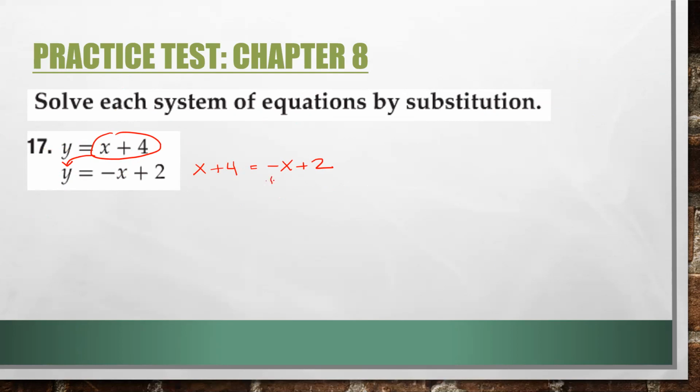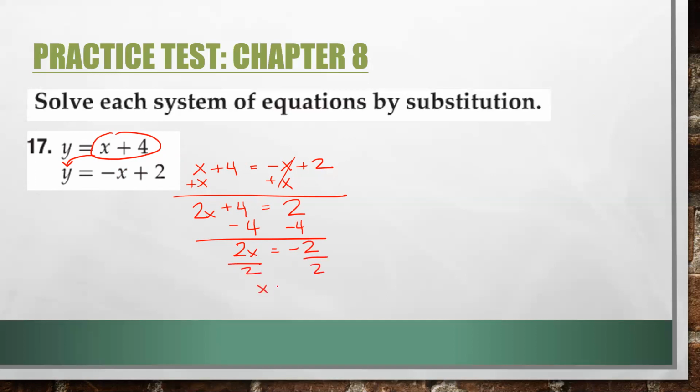Okay, so then I would add 1x to both sides. So I have 2 x's, and then plus 4 equals positive 2. Then I would subtract 4 from both sides. I get 2x equals negative 2. And then I would divide both sides by 2. So x is equal to negative 1.